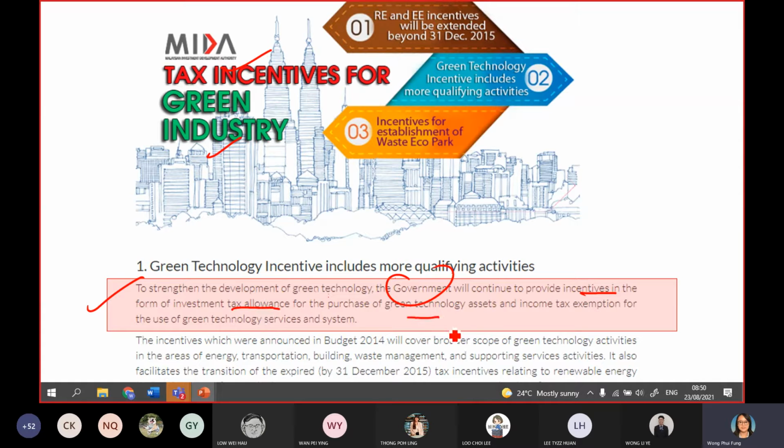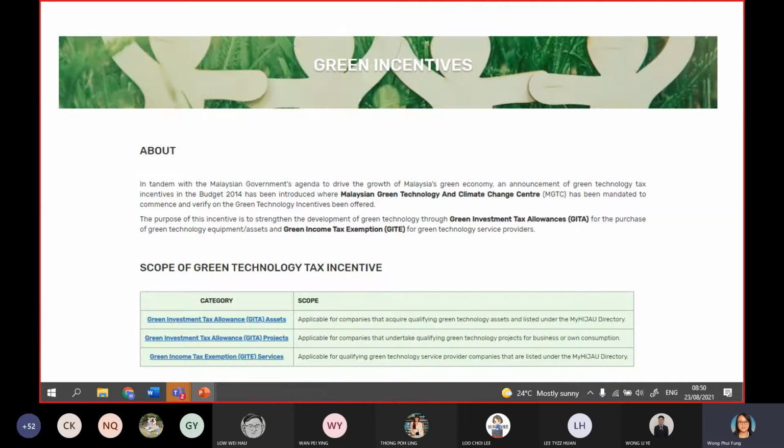When you purchase a green technology asset, you can apply for income tax exemption for the use of green technology services and systems. All these incentives will encourage developers to participate more. Okay, so this is the green incentive in Malaysia.